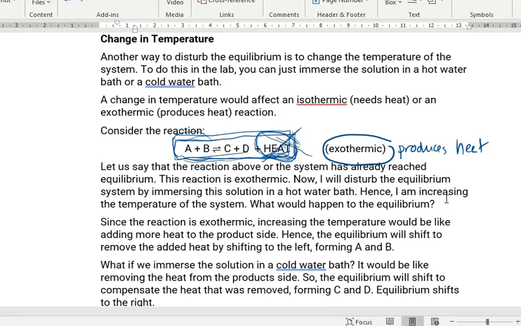Now, since I'm removing heat, to counteract, based on Le Chatelier's Principle, the removal of heat in the system, the equilibrium should shift to form back the heat that was removed, right? So, the equilibrium will shift to the forward direction to form more of the products. Okay? And so, the system could attain equilibrium again.